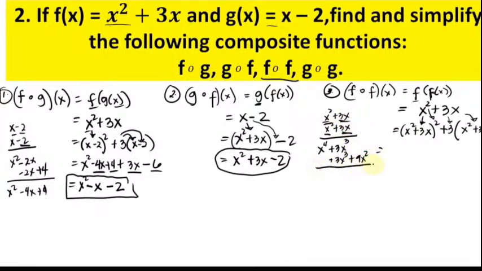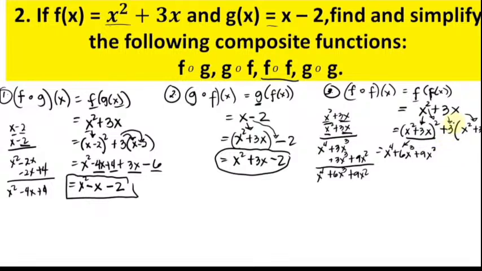So simplify, that is x raised to 4 plus 6x cubed plus 9x squared.